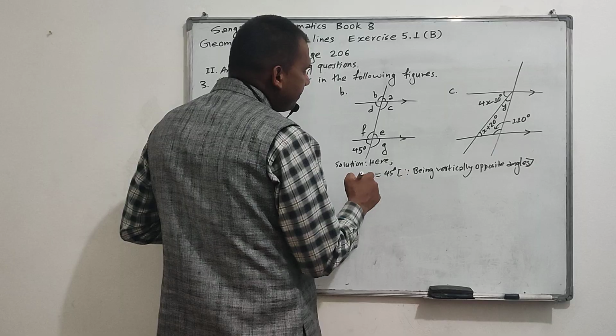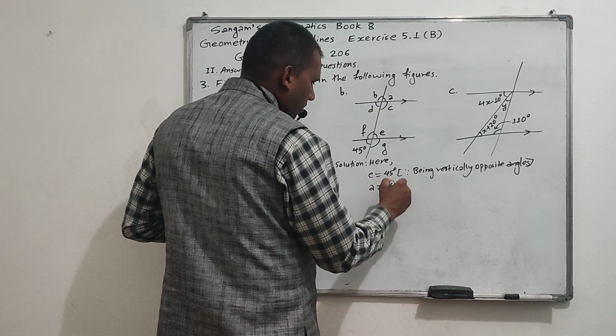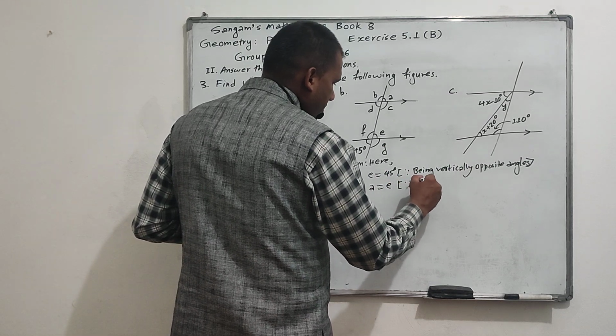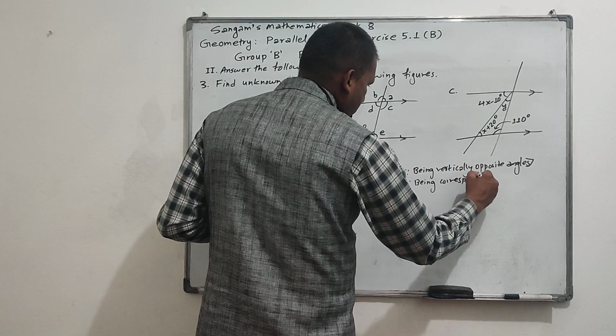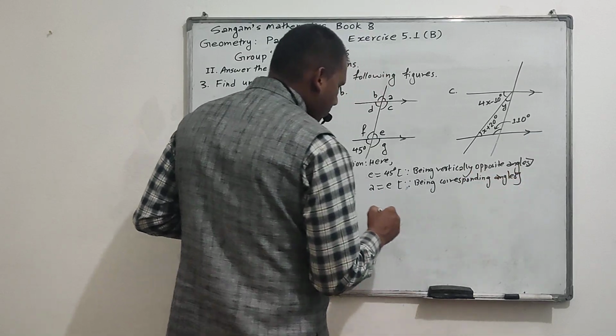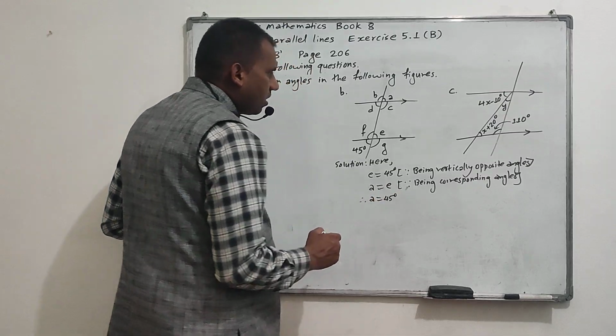Then A and E are corresponding angles, so we can write A equal to E, because being corresponding angles, therefore A equals 45 degrees.